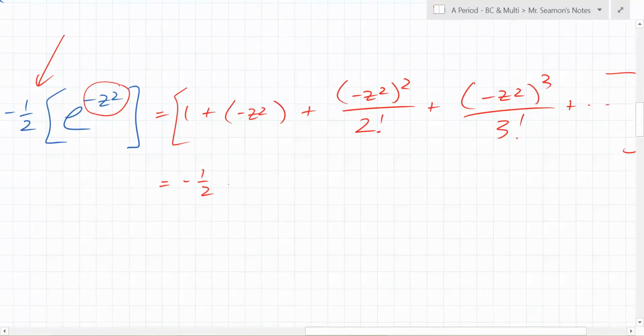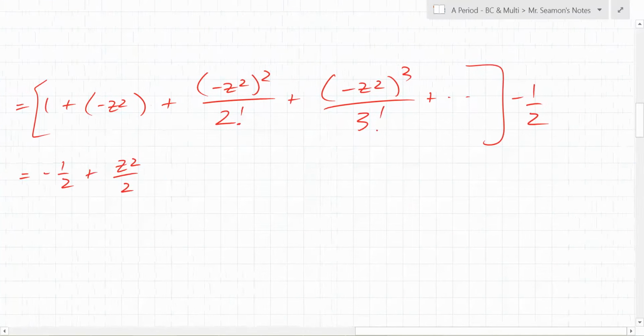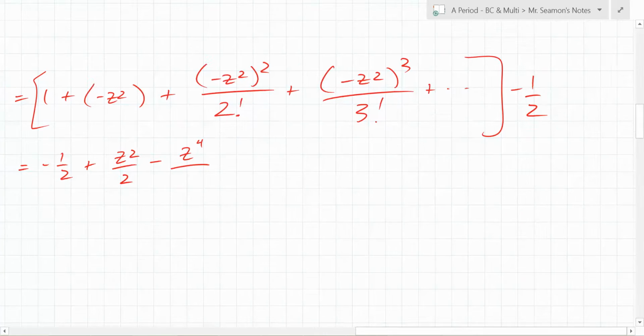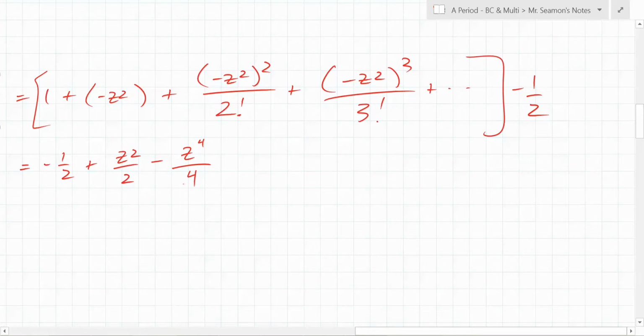Negative 1/2 plus z squared over 2. Is that right? And this is to the 4th, and then it turns negative on the out. It's negative, so we're going to have plus negative what? Z to the what power? Over 4 times over 4. Is that correct? Right? And then we have, oh, are all of these going to be positive? Or excuse me, no, there's going to be negative again.